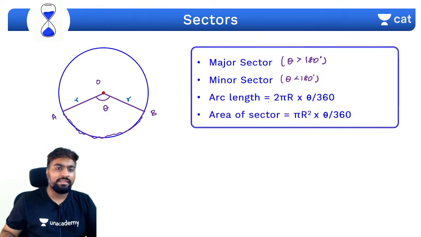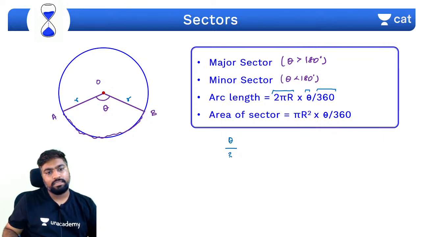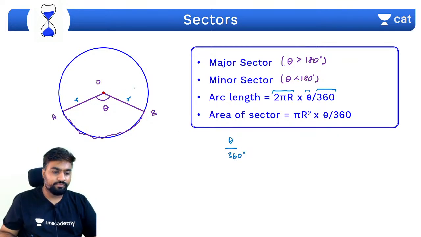Arc length is given by the entire length, the circumference 2 pi r, into the ratio of the central angle to 360 degrees. Theta by 360 is how the entire circle is divided.